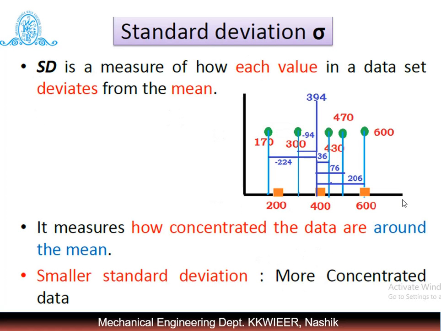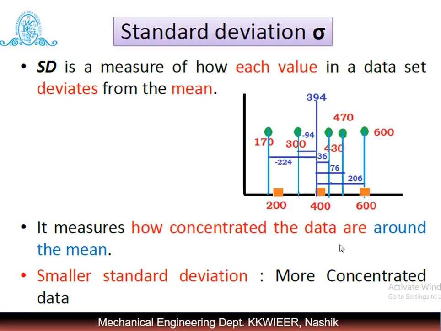Standard deviation is the measure of how each value in the data set deviates from the mean. We have seen that the mean is the central tendency, but how the data is dispersed, how the data deviates from the mean, can be identified from the standard deviation. It measures how concentrated the data are around the mean.